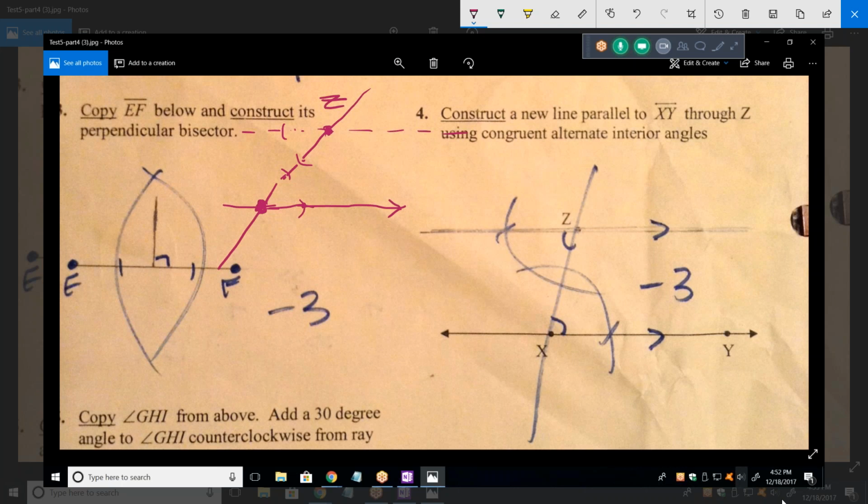In other words, this distance here is the same as that distance there, which is the same as that distance, which is the same as that distance. And so far, we don't have that dotted line there. We're looking at a solid line, but we're looking at all these hash marks that we got from our compass.